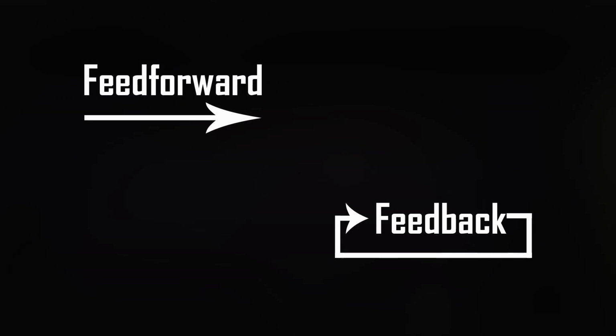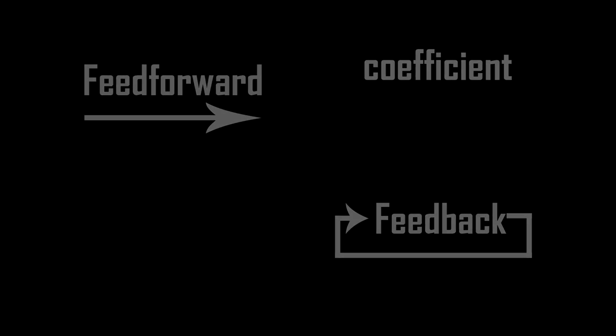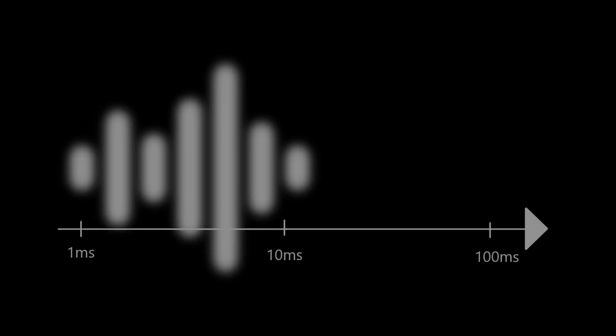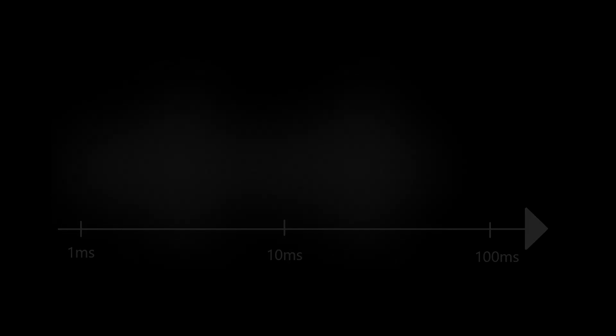An important element of a filter is the coefficient. This determines the strength of the filter and how much attenuation or amplification is happening. Feed-forward filters work by duplicating the signal and delaying it by a tiny amount.